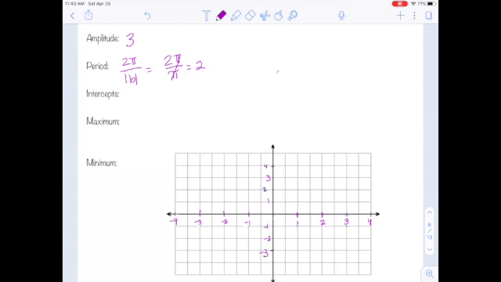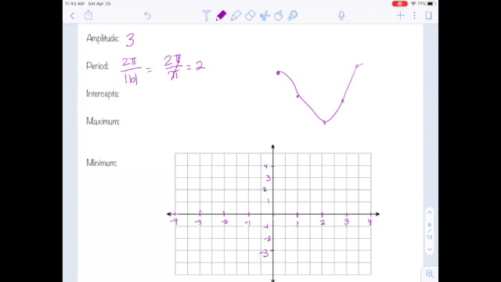Now, remember our cosine. One period looks like it starts high, hits the x-axis, goes low, hits the x-axis, and then goes high again. So, in a rough way, that's one period of your cosine's parent graph. So we're going to stretch that parent graph, and we're actually going to compress the period.